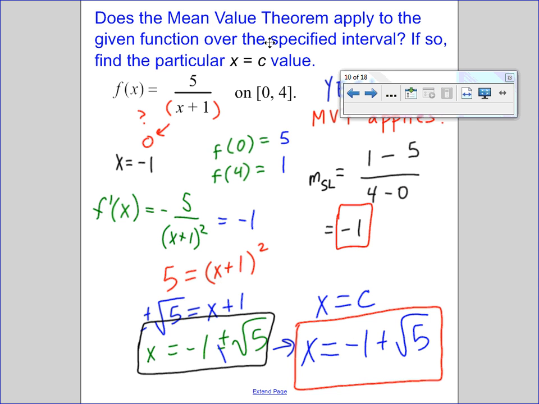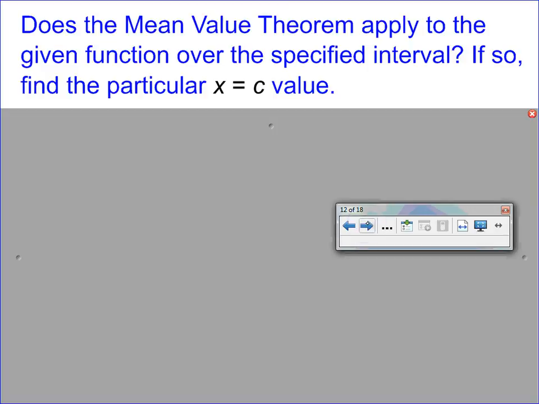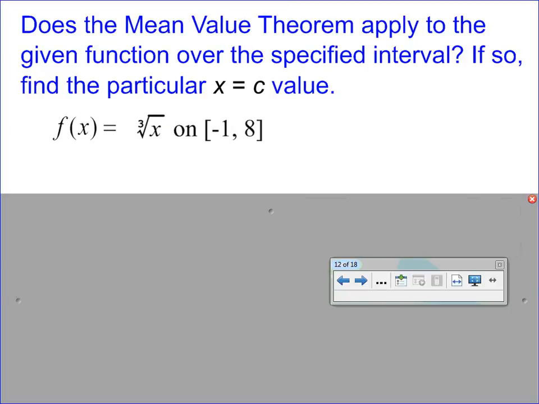Awesome. Does the mean value theorem apply? f of x equals cube root of x on -1 to 8.